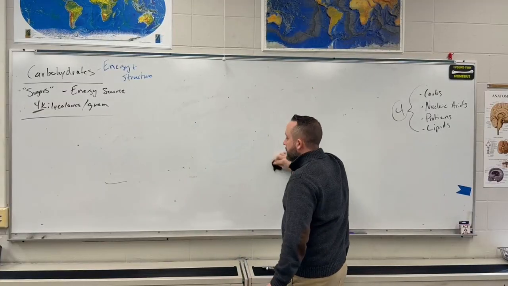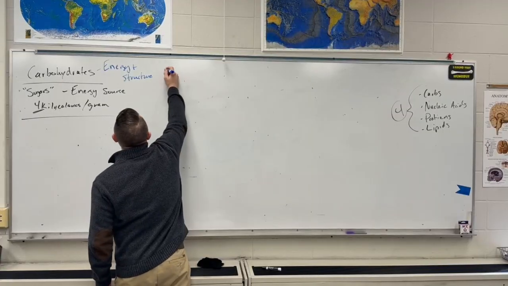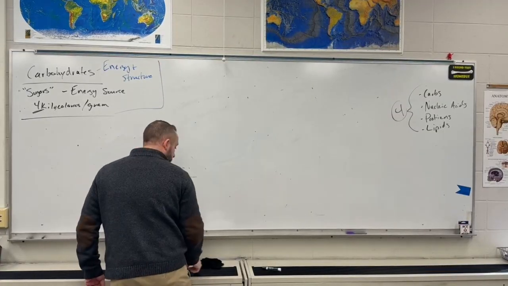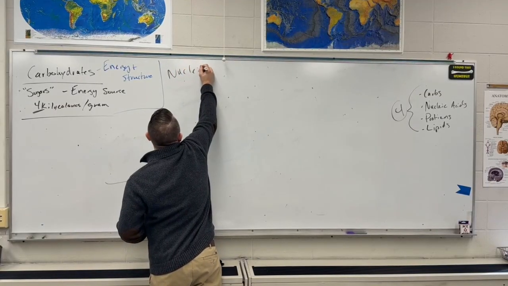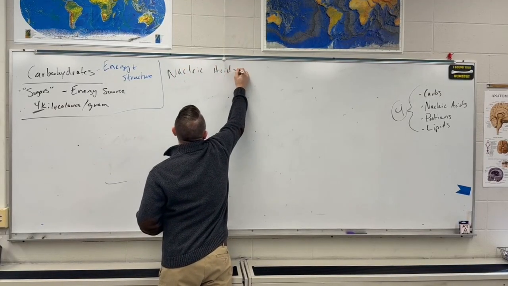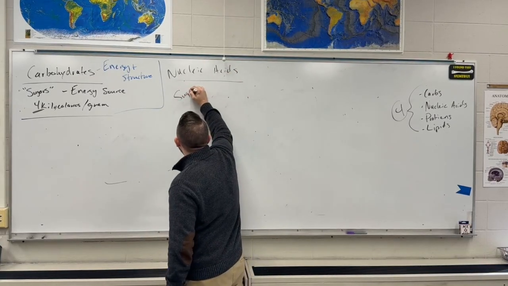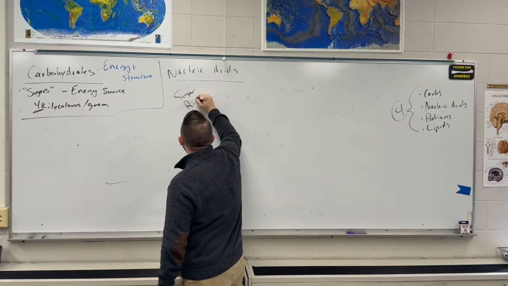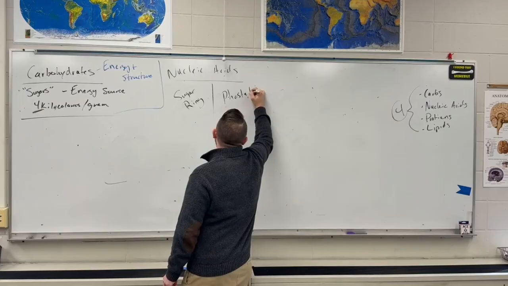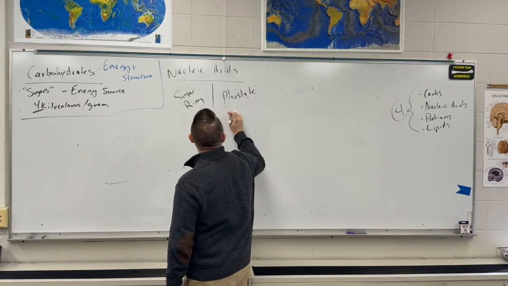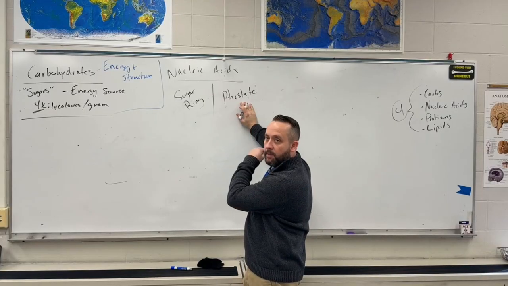What's the next one? What makes up a nucleic acid? A sugar ring, a phosphate. That might be the correct chemistry term, but it's a phosphate or a phosphorus group.